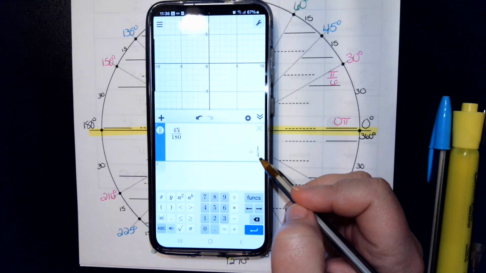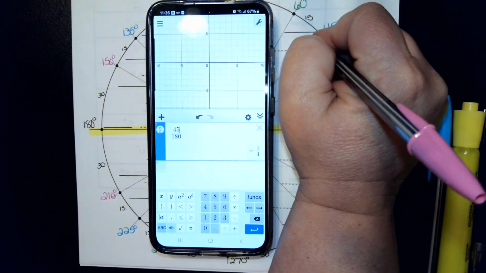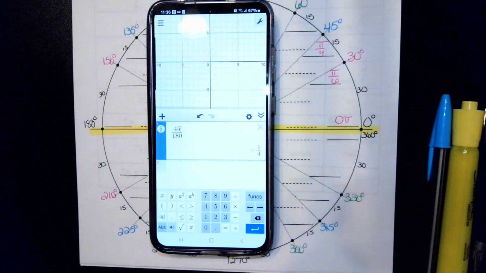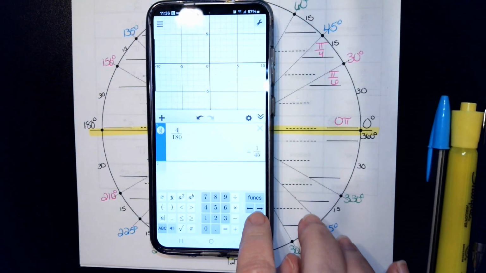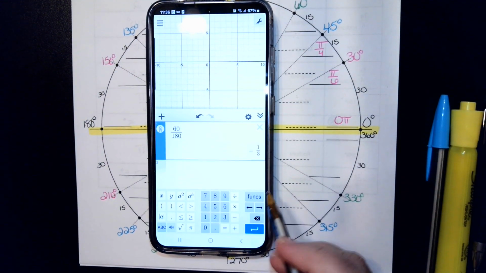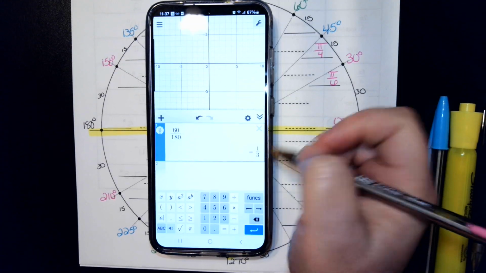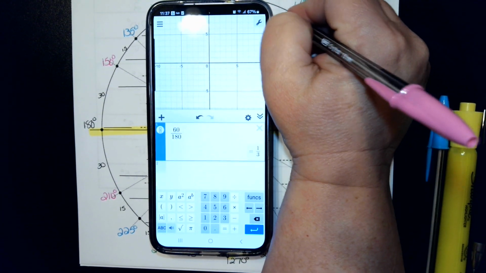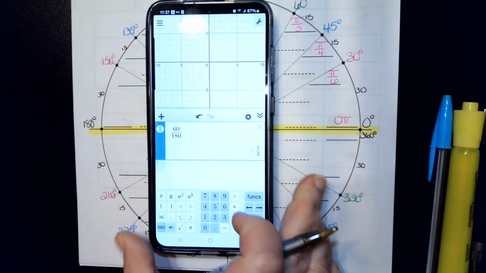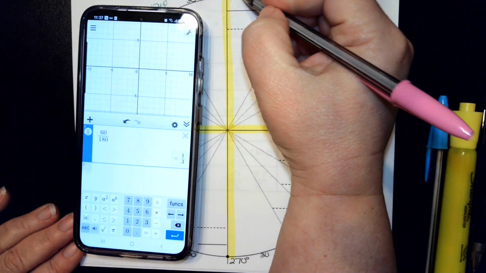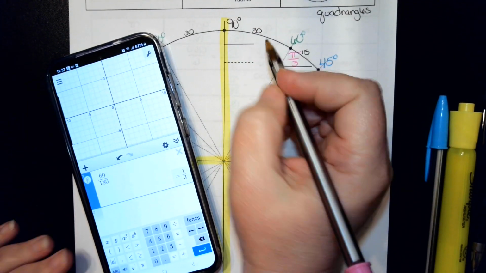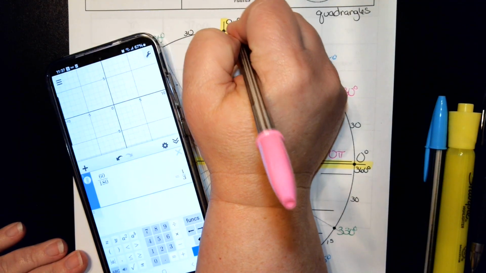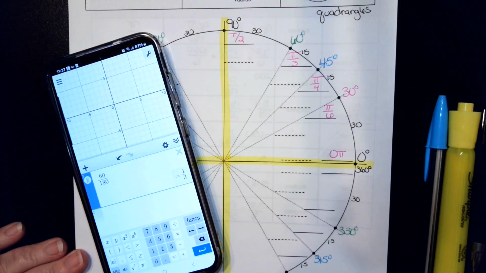We get 1 pi over 4, or just pi over 4. For 60, I'm going to change that 45 to a 60. And we get 1/3. So that's going to be 1 pi over 3, or just pi over 3. 90 divided by 180, well, that's 1/2, so that's going to be 1 pi over 2, or just pi over 2.